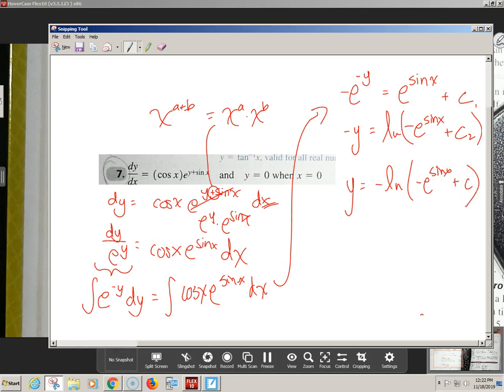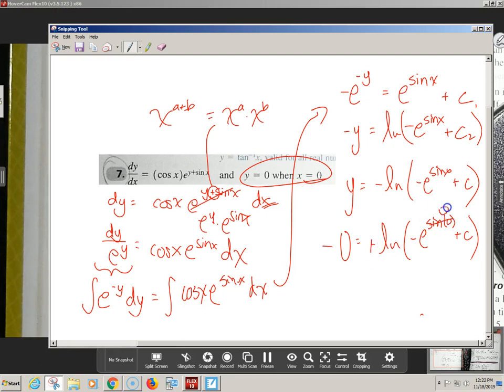I'm supposed to be figuring out an initial condition, y is 0 when x is 0. So I have to take this guy and say, okay, so y is 0 when x is 0. We could do a negative as a power of 1 over, but it looks bad enough as it is. I might just leave it. Okay, so divide both sides by a negative. Got it.